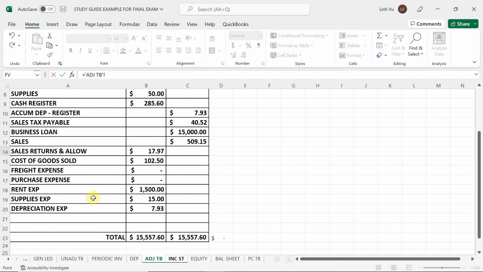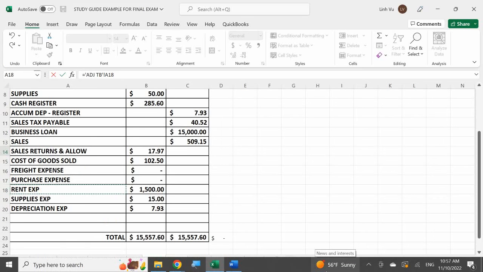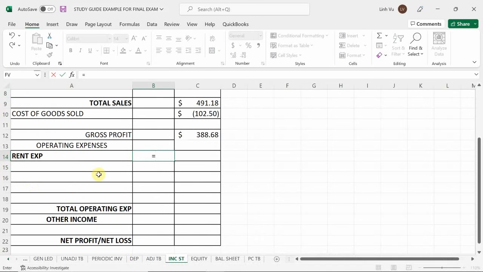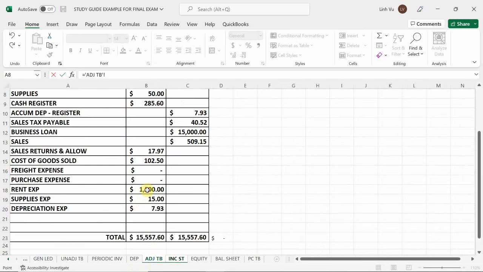It would be rent expense, because my purchase and my freight expense are zeroed out. There's nothing there. You can add it in, but it's going to be a zero balance. So my very first expense for my operations is rent expense. How much was it? $1,500.